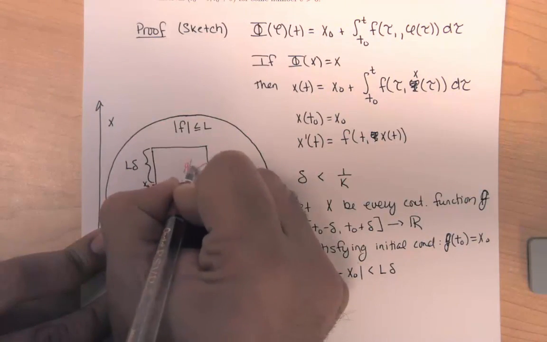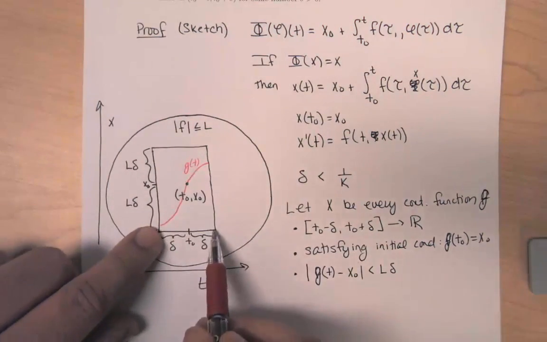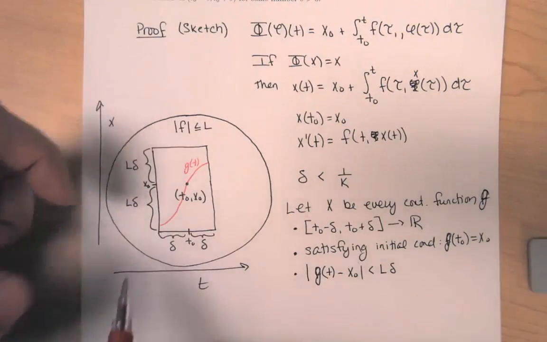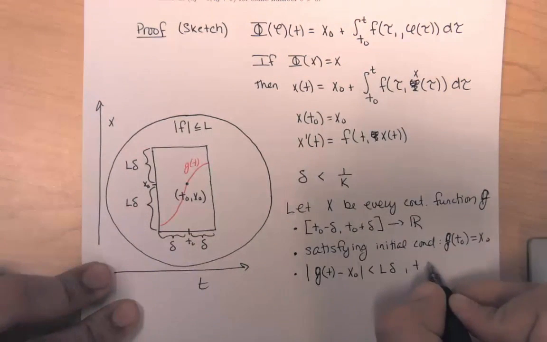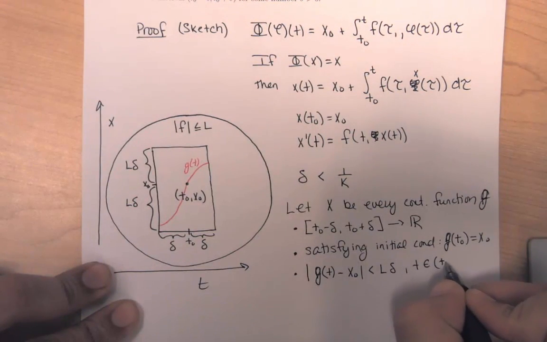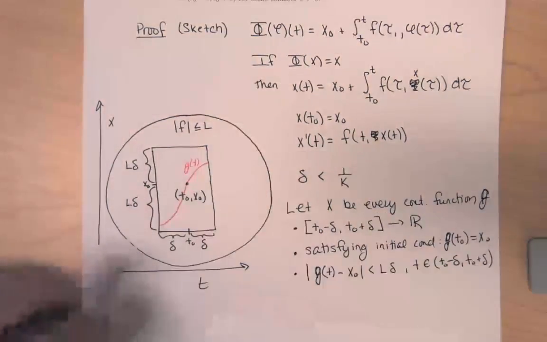So this is some potential g of t. It passes through here, and on this region, it's bounded by this region. Right, so for t between t naught minus delta and t naught plus delta.